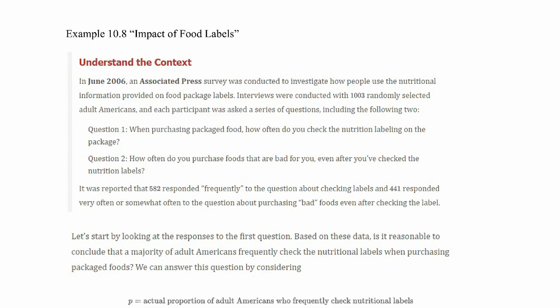Question 1, when purchasing packaged foods, how often do you check the nutrition labeling on the package? Question 2, how often do you purchase foods that are bad for you even after you've checked the nutrition label? It was reported that 582 reported frequently to the question about checking labels, and 441 responded very often or somewhat often to the question about purchasing bad foods even after checking the label.